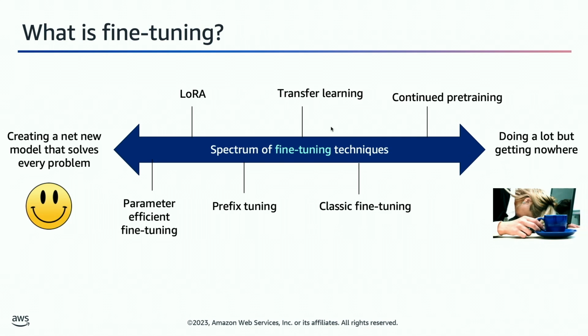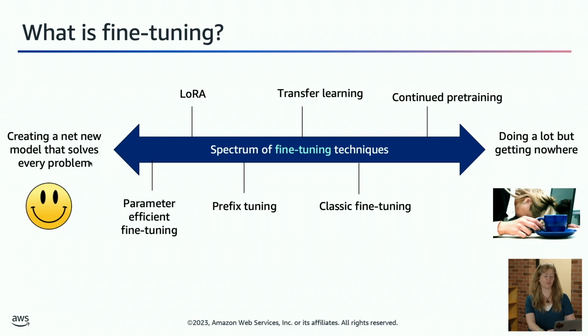And so closer to the perfection end of the spectrum, parameter efficient fine-tuning is a technique we're about to dive into that lets you take your LLM and inject trainable weights into it. So you're going to take a massive LLM that's a couple hundred GB on disk, multiple instances just to hold it in memory.